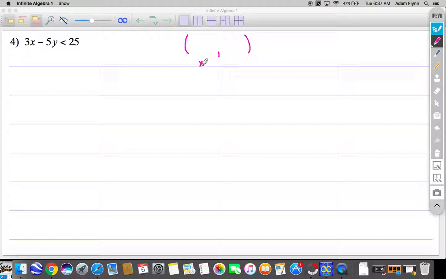Okay, so x, y. I know here that if my x were really big, I'd have a really big number right here. So let's say I take x and I make it 100.